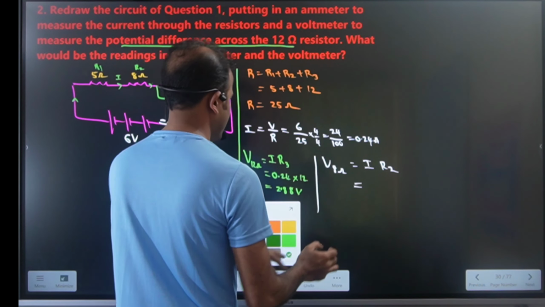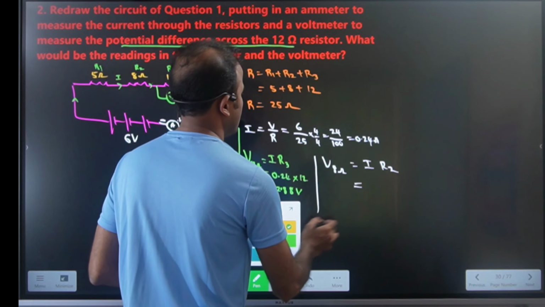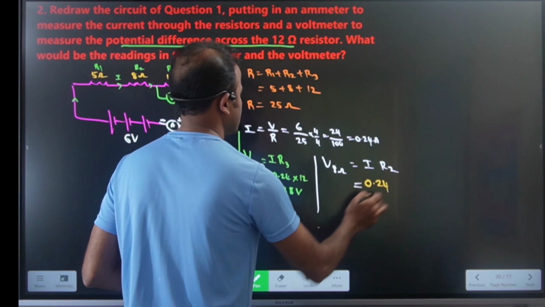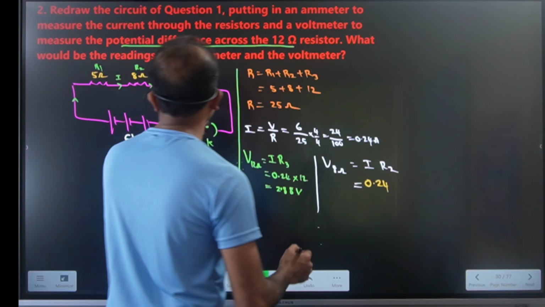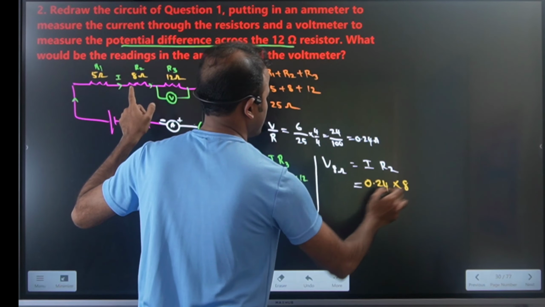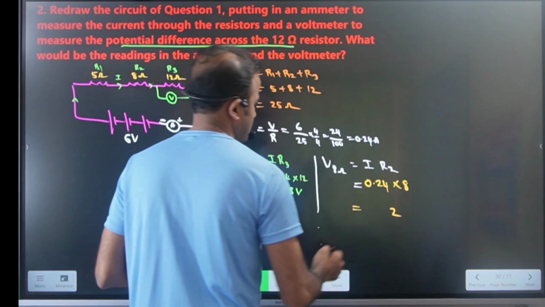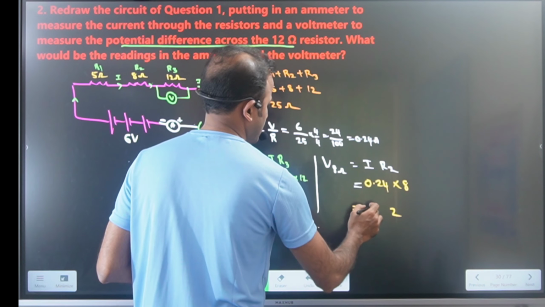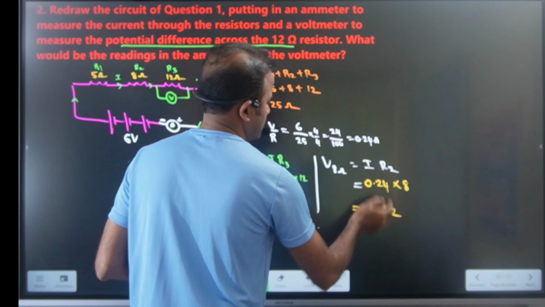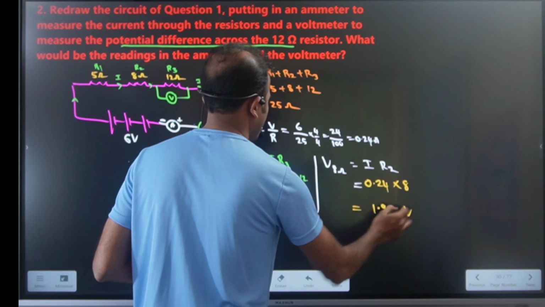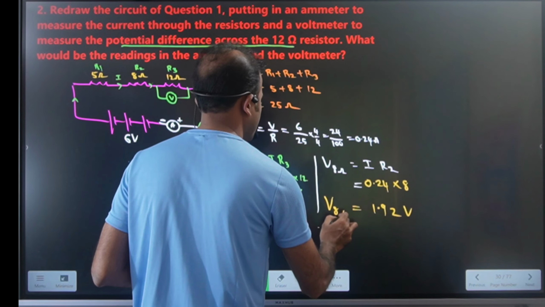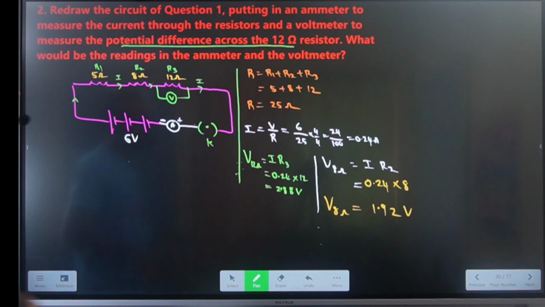I is the same 0.24 and R2 is 8. 0.24 into 8 is 1.92 volts. V across the 8 ohm resistor is 1.92 volts.